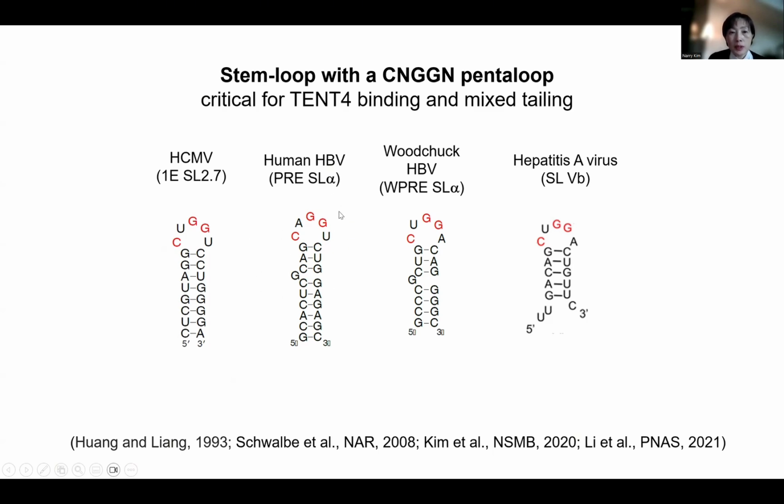This motif is already known to be important for the activity of PRE and the life cycle of HBV. Woodchuck HBV also has a similar motif, and more recently, Lee and others found that hepatitis A virus has a similar motif as well, which is important for mixed TENT4-mediated regulation.